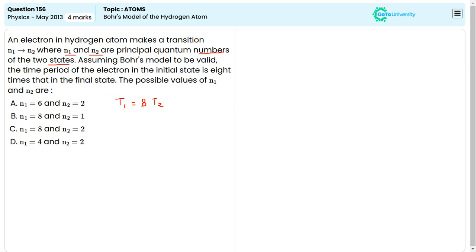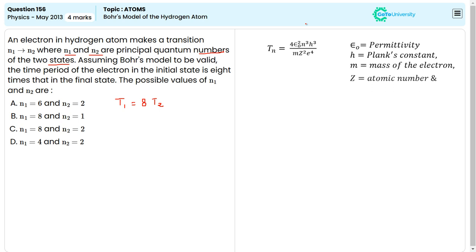For this one, we know that the time period of the electron moving in the nth orbit is given by Tn equals 4 epsilon naught squared n cubed h cubed divided by m z squared e to the power of 4, where epsilon naught is the permittivity, h is the Planck's constant, m is the mass of the electron, z is the atomic number, and e is the charge of the electron.